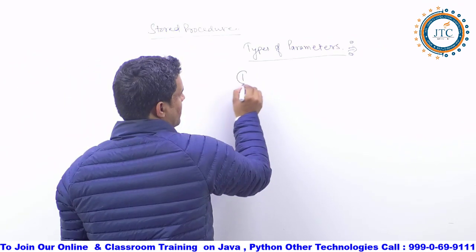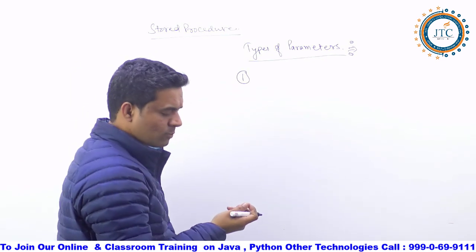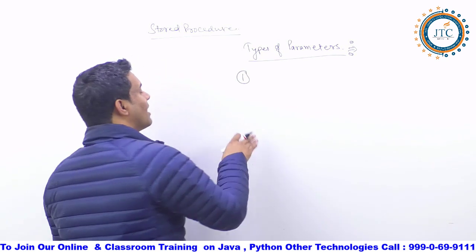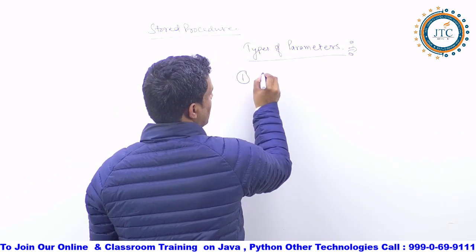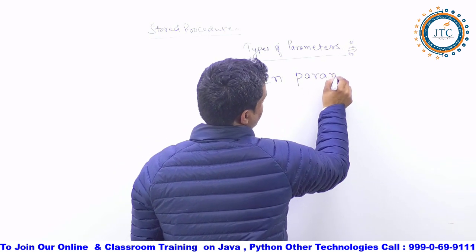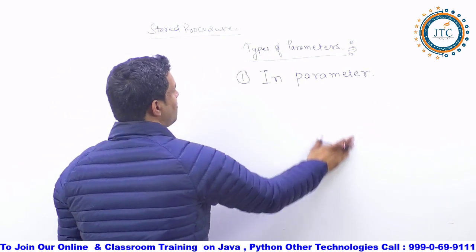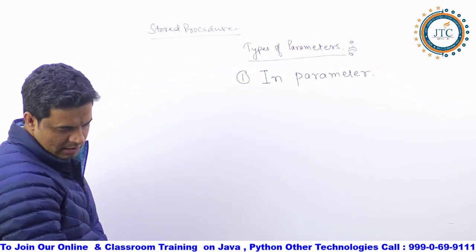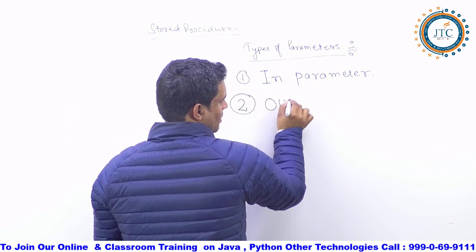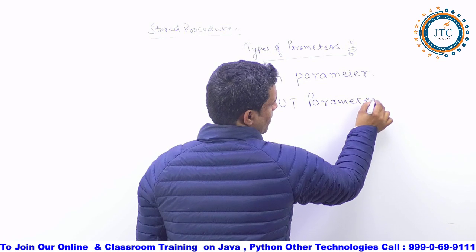Among these types of parameters, the very first one in stored procedures is the IN parameter. The second important one is the OUT parameter.